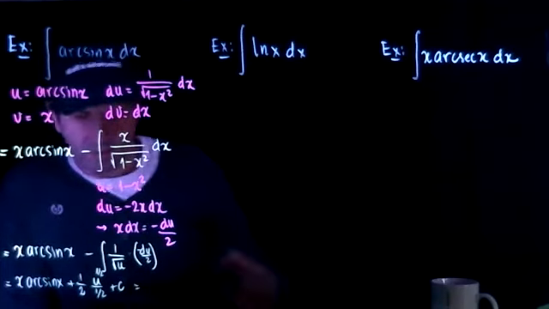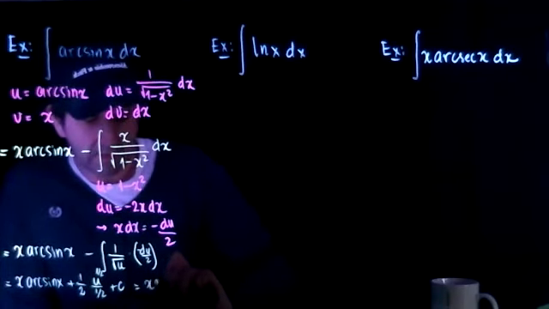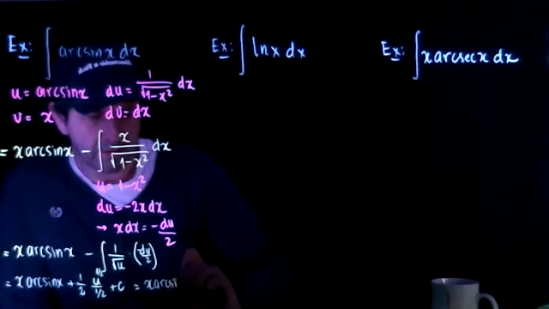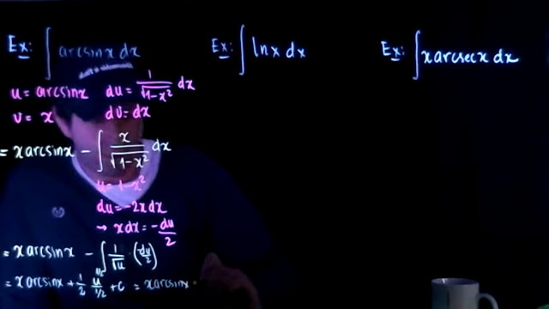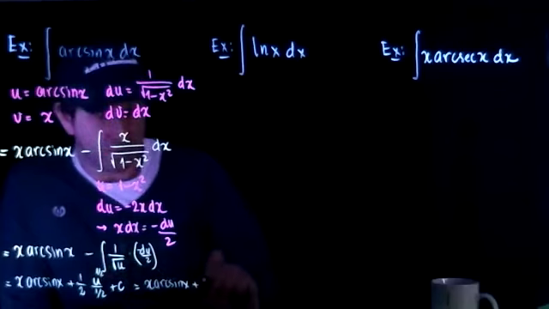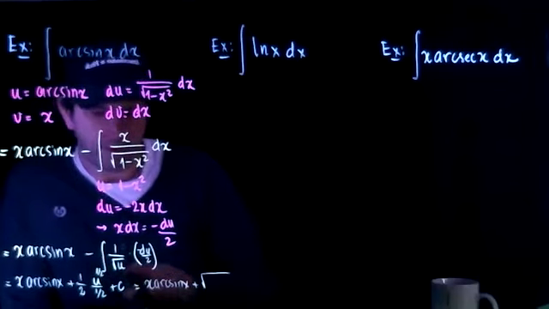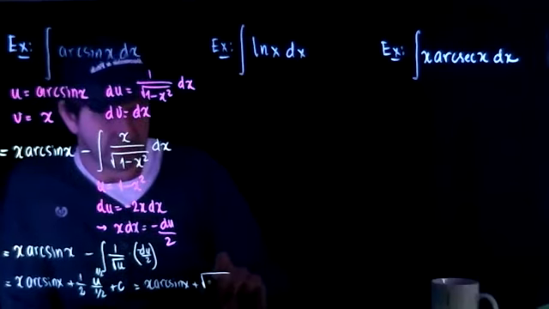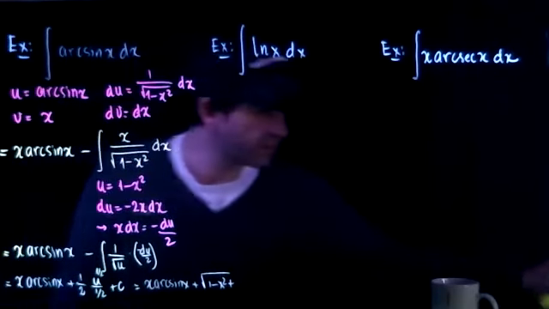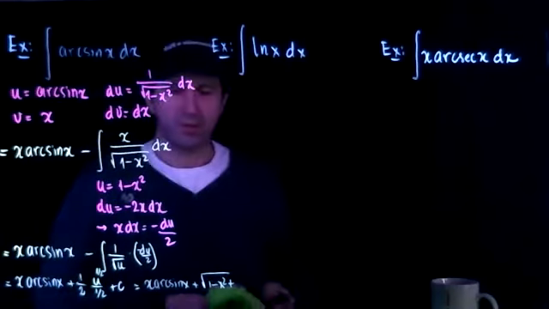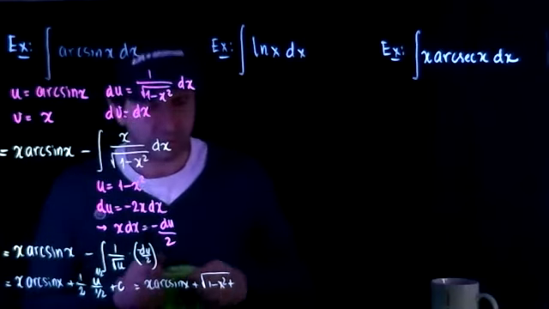Okay, so I get x arcsine x plus square root of u, which is 1 minus x squared, plus c. Let's see if out of the outside the bracket, the square roots.